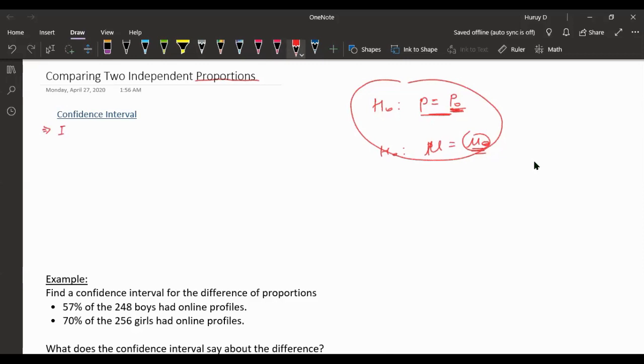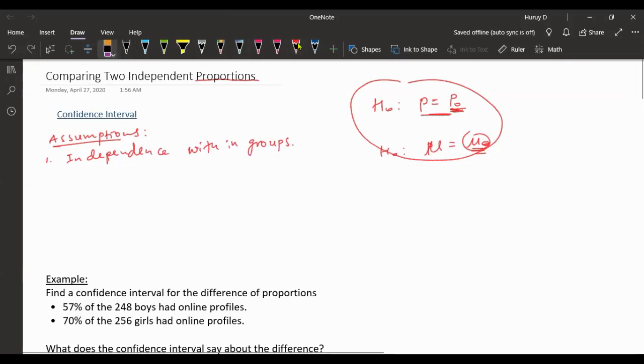For this particular proportion case, as always, we need to check the independence. So the assumptions: the first one is independence within groups.